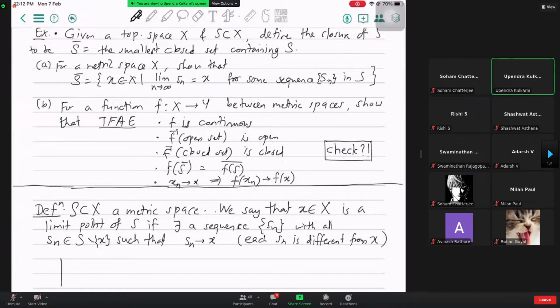The picture is that here is X something, here is S, and here are points, and here is this point X. And the idea is that there are these points S1, S2, S3 that tend to X. So the way I have drawn this, it's sort of deliberately left unclear. This point X, so just a comment, X may or may not be in S.